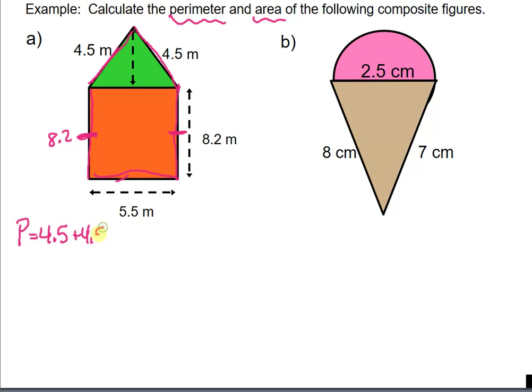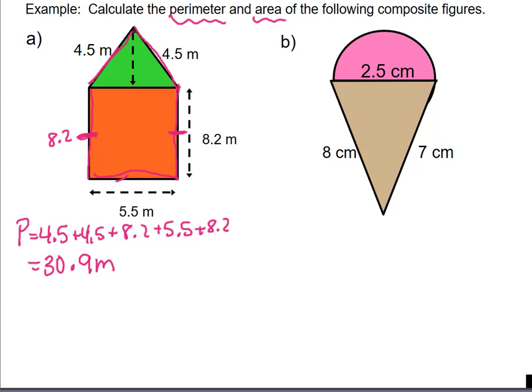Plus 4.5 plus 8.2 plus 5.5 plus 8.2. Okay, and when we put that into our calculators, I get 30.9. So the perimeter of this shape here is 30.9 meters.